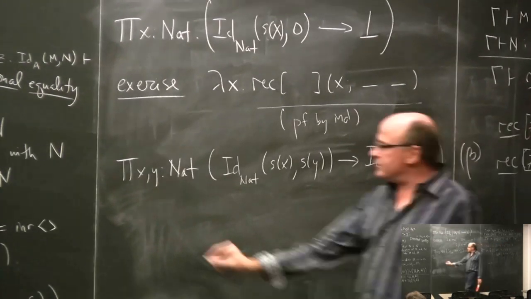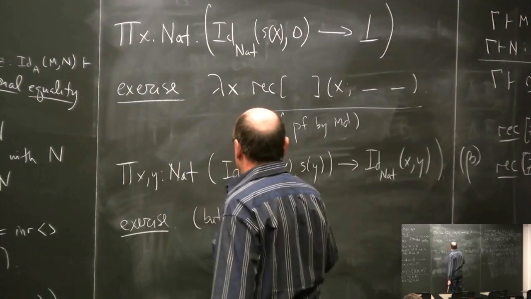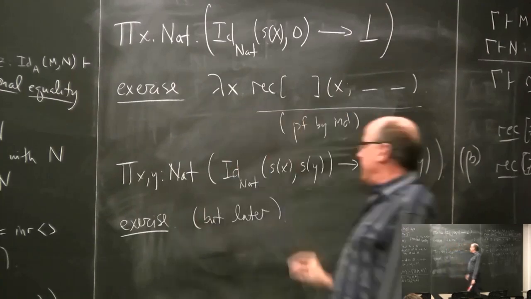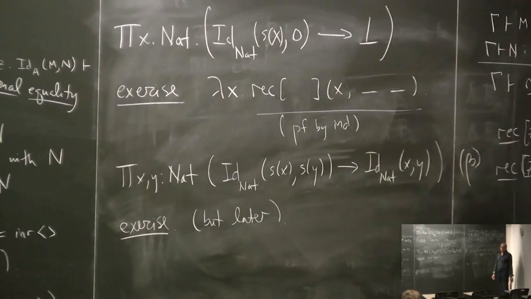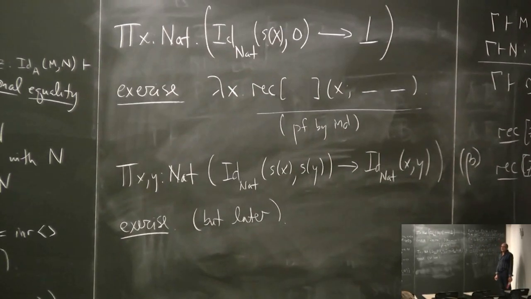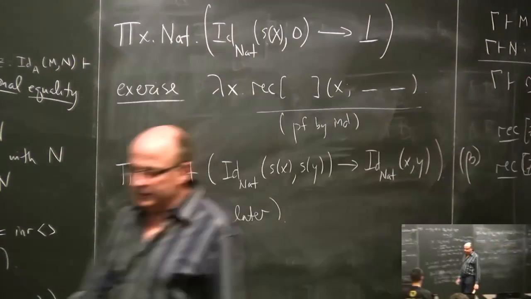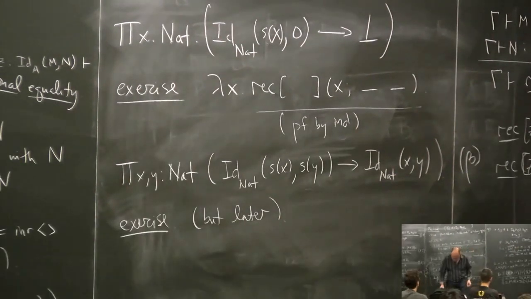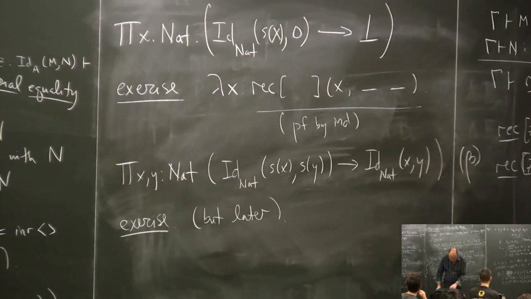And this I'll leave as an exercise, but as of today you can't do this, but later. It would be worth your while to figure out why you get stuck trying to prove this. If you just follow your nose and try to do something, you're going to get stuck. And what I will do at some point soon is give you the mechanism you need in order to get unstuck.